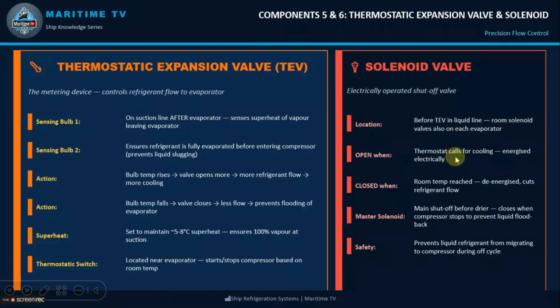It opens when the thermostat calls for cooling and is energized electrically, and it closes when the room temperature is reached and de-energized, which cuts the refrigerant flow. The master solenoid is the main shut-off before the dryer; it closes when the compressor stops to prevent liquid flood back. So it is a safety device to prevent liquid refrigerant from migrating to the compressor during the off cycle.